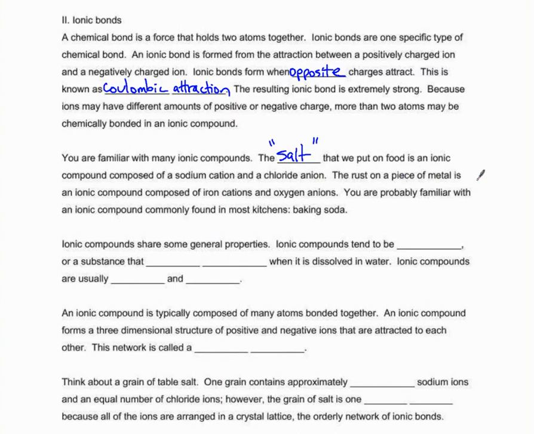Another one, the rust on a piece of metal, is an ionic compound, and it's composed of iron cations, so positively charged iron, and oxygen anions. You're probably familiar with an ionic compound that's commonly found in most kitchens, and we're talking about baking soda.